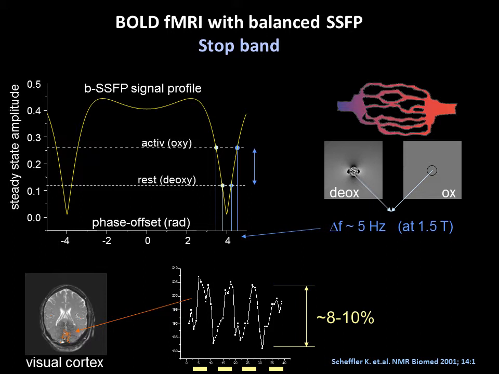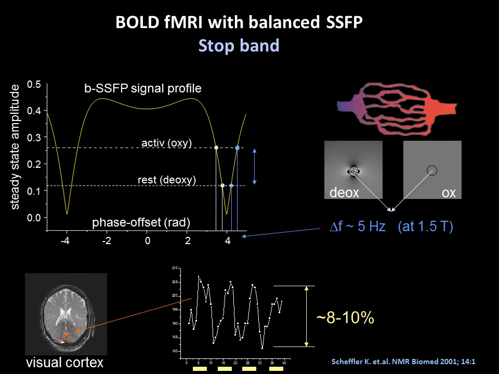What we did 15 years ago was imaging at the stop band, which is very sensitive to small frequency changes that are induced by oxy or deoxyhemoglobin, and therefore depends on the functional activity. The frequency change is about 5 Hz at 1.5 Tesla, and we were able to detect signal changes of 8 to 10% in this experiment.